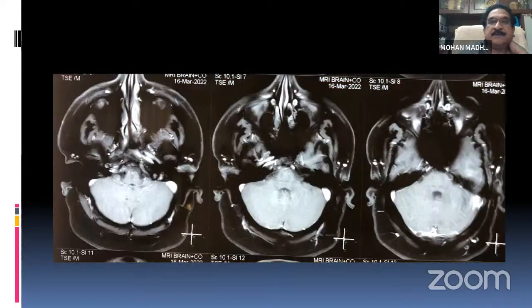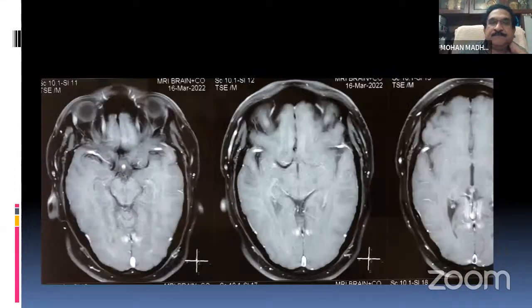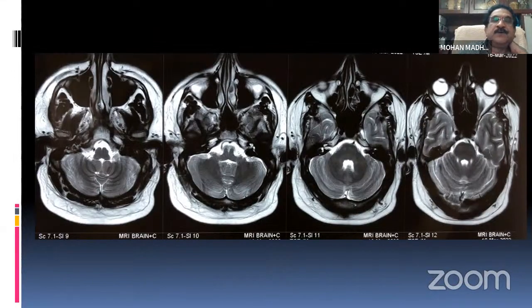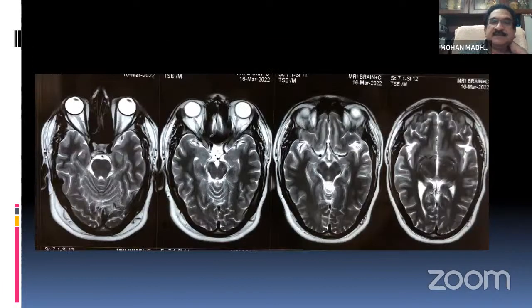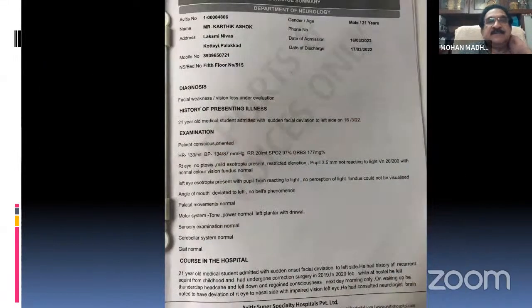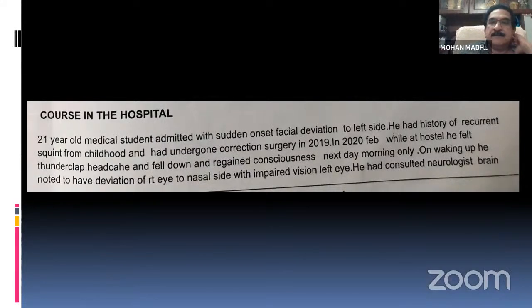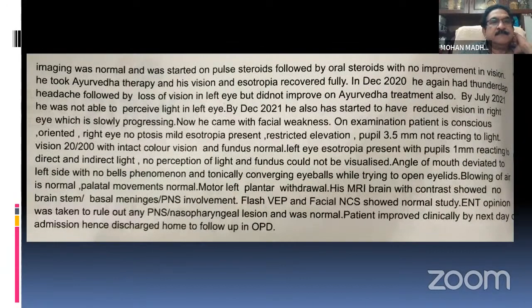Again, no abnormality could be found. In fact, altogether we went through about 7 or 8 MRIs in different places. This is the discharge summary from that hospital, the same story which I have given.